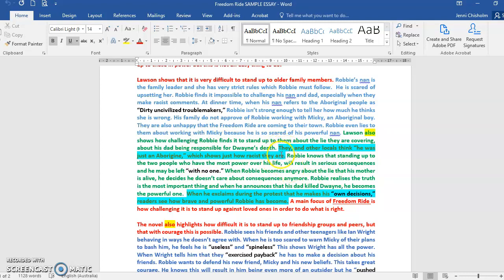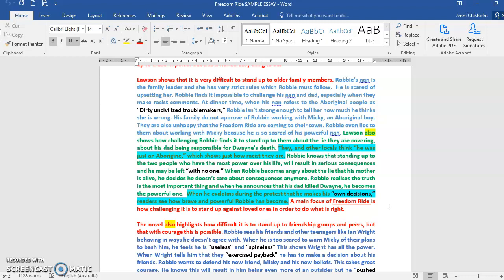The bits here that are highlighted in blue is the analysis. All right. So you see you've got topic sentence, your idea, example, quote, and your analysis. And then second idea, including a quote and your analysis. And then your linking sentence at the bottom. All right, so linking the ideas in your paragraph, linking them back to the essay topic. Okay, so that's basically how you need to go about structuring the body paragraphs.